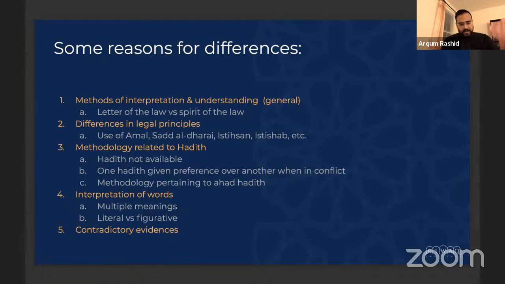Not as common, again, as some of these other reasonings, like methodology relating to hadith. That's probably one of the strongest reasonings that lead to these differences. Same thing with differences in legal principles. All right.